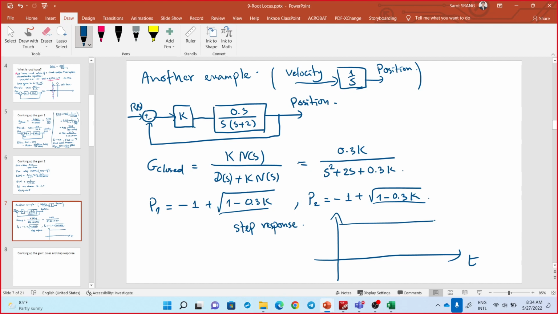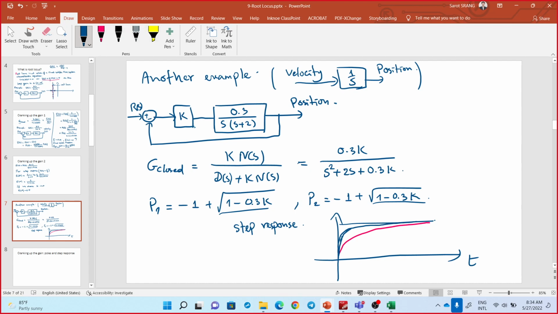In the case of damping ratio greater than 1, you have a step response like this. For a damping ratio close to 1, or equal to 1, you can have a step response like this.